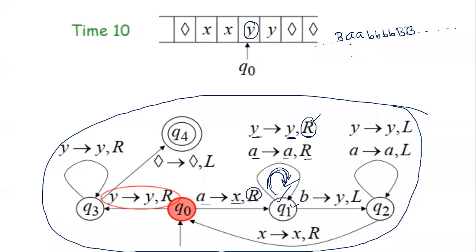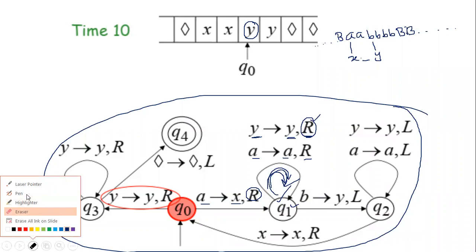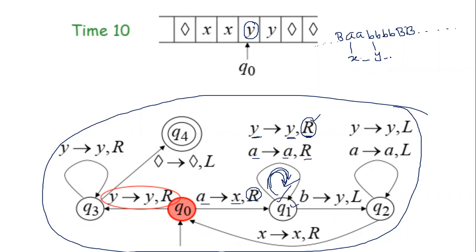You see what will happen? I have just started from this A. This A has been converted to X. The second A remains as it is. The first B has been converted to Y, and the remaining B's remain as they are.